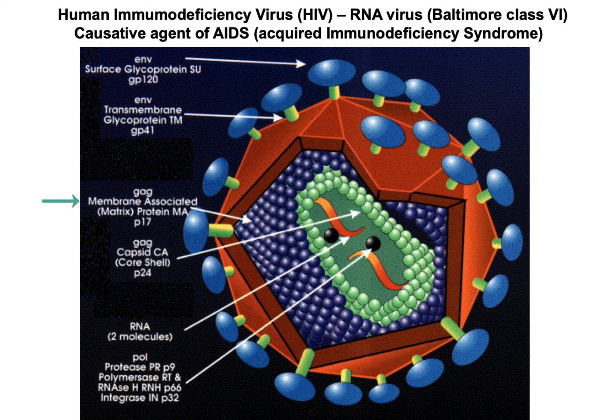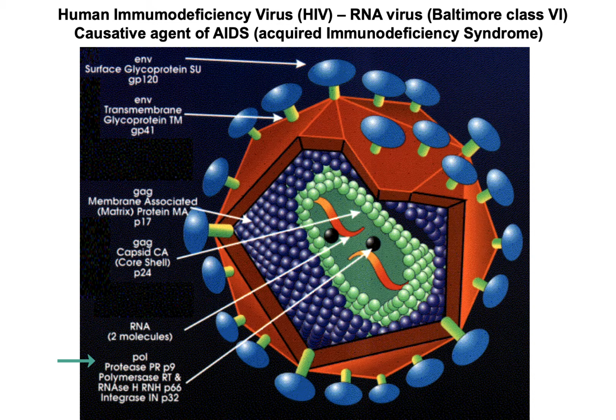The GAG gene produces the matrix protein, which fills up the interior portion of the virion. It also encodes for the capsid protein, which surrounds the chromosomes of the virus, as well as a polyprotein. So there are the two RNA molecules, they're identical copies.